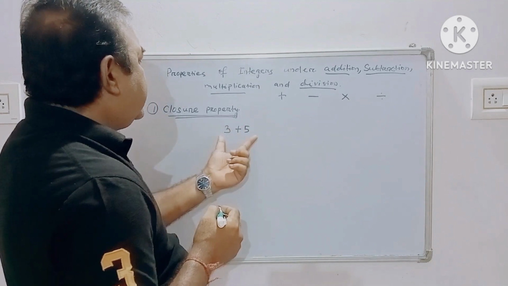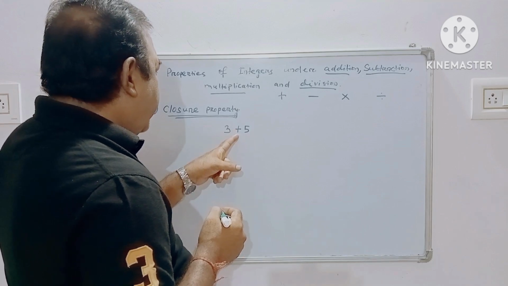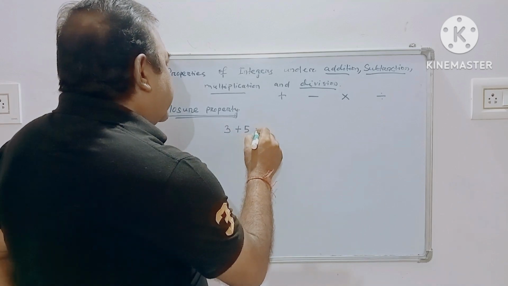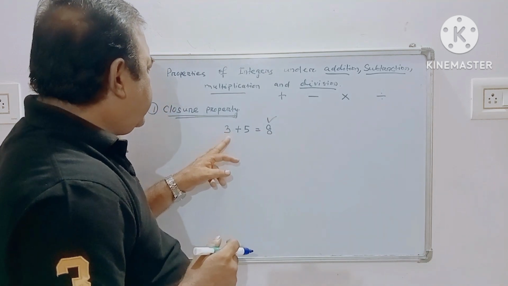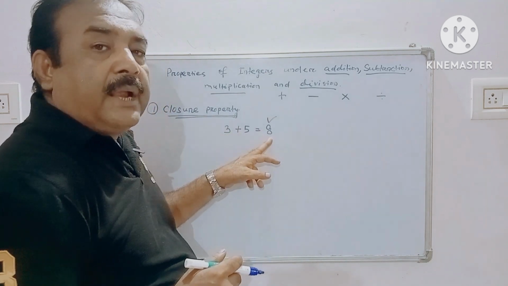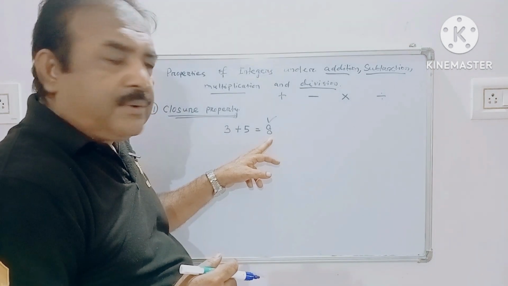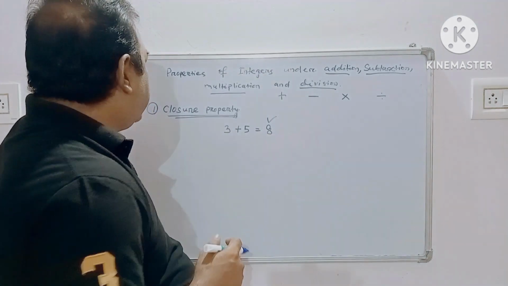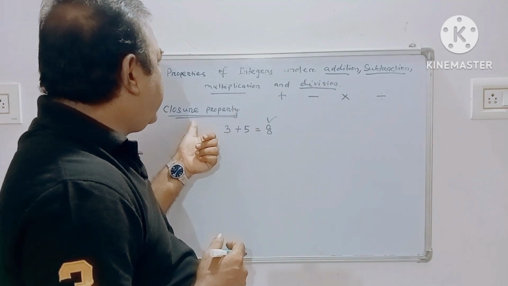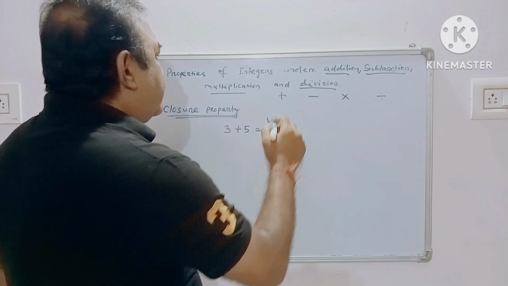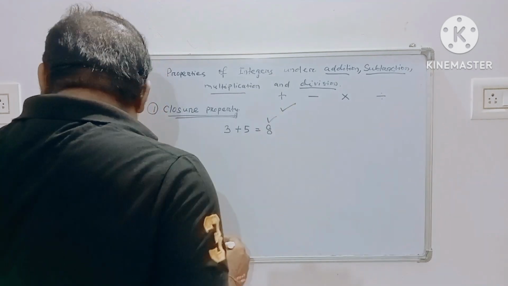These are two integers. I am adding. So 3 plus 5 is equal to 8. So sum is 8. 3 is an integer, 5 is an integer, 8 is an integer. Yes or no? So the sum is an integer. So the integers show closure property, they are closed under addition. So I give a tick mark here.